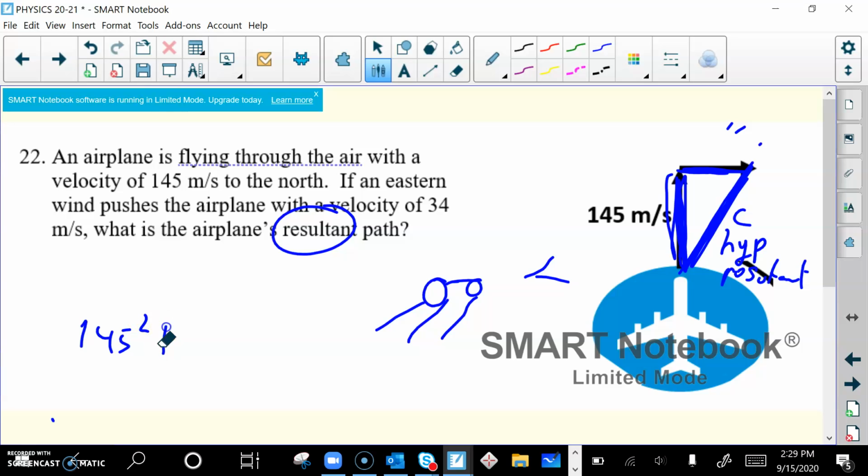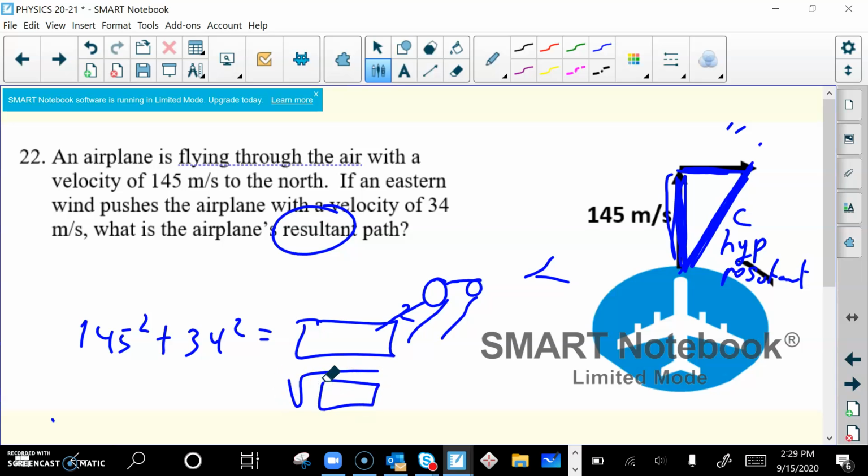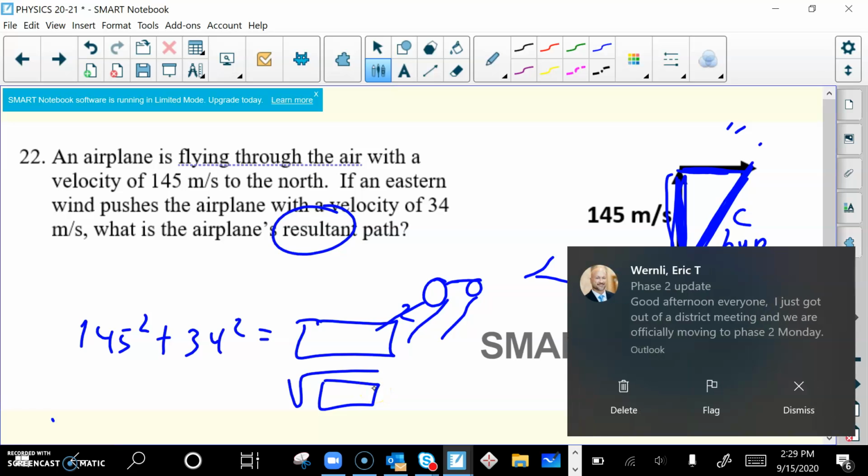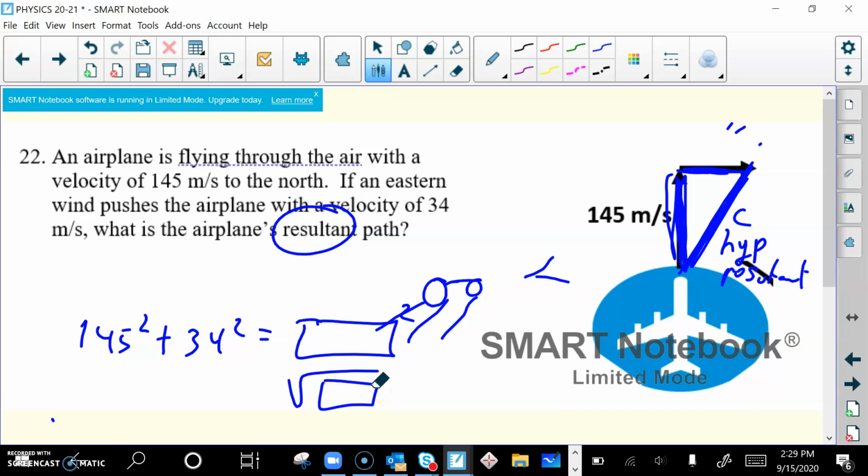So how do you solve for it? 145 squared plus 34 squared equals C squared. It's really important that when you find your answer, you square root it, because you're looking for C itself. You're not looking for C squared, you're looking for C. So the opposite of squaring is square root.